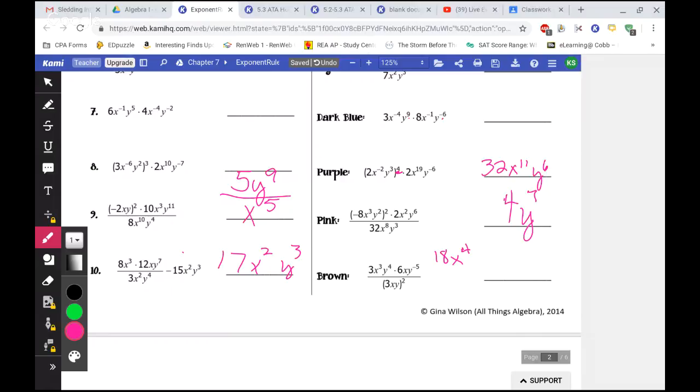Yes, but so 4 plus a -5 is what? -1. I'm going to leave it there for now until I get this 2 distributed to everything inside the parentheses. So I have 3 squared, which is what? 9. Good job. And then I'll have x squared, y squared, right?